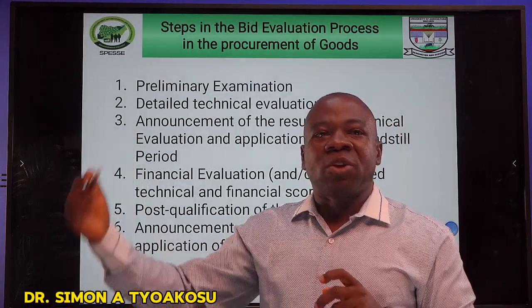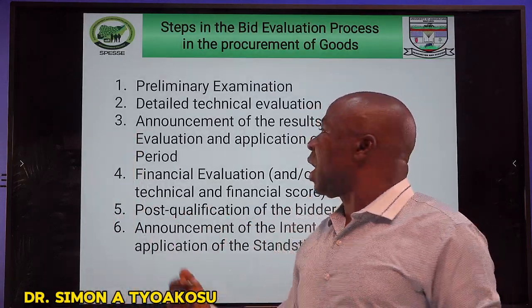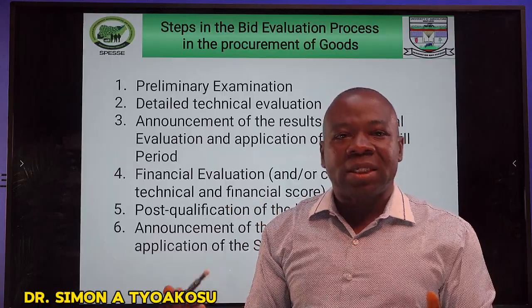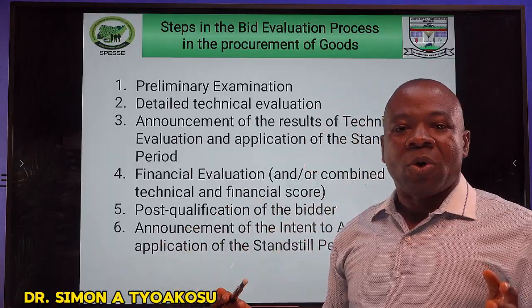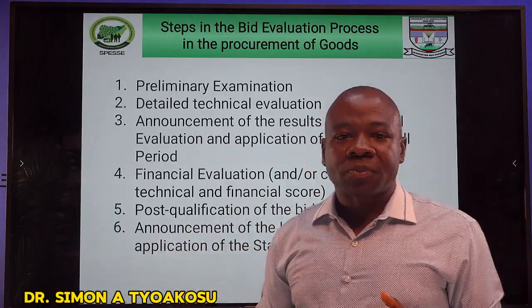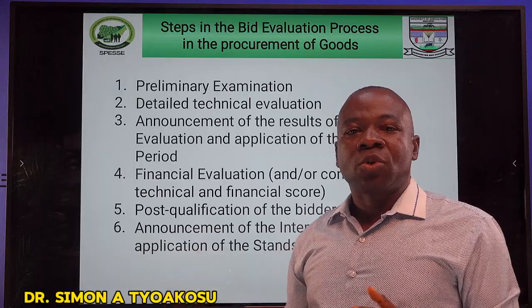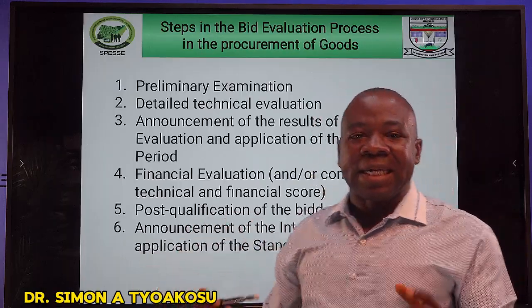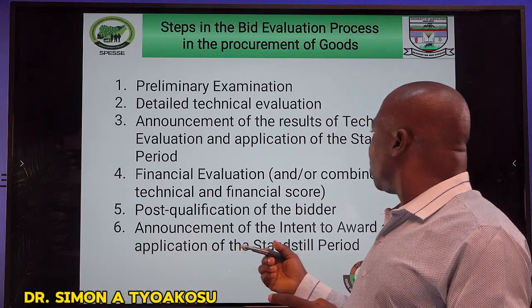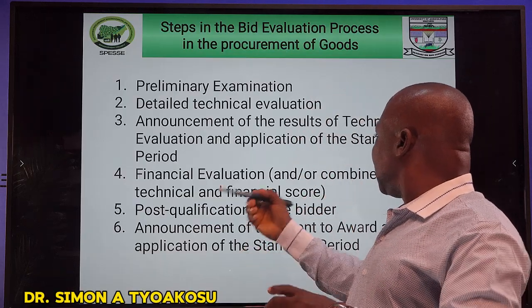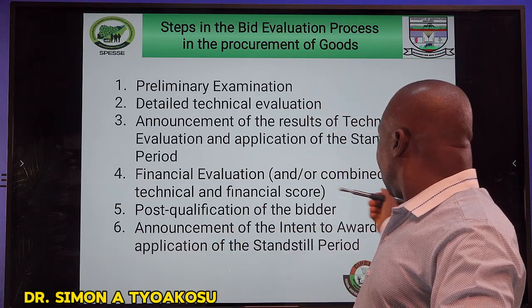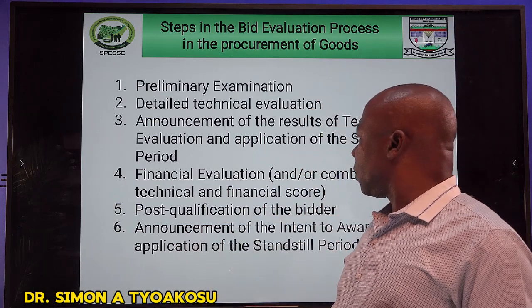If so, after getting the technical evaluation result, you publish it and give a time frame for the would-be contractors to raise their complaints, which we call the standstill period. But if you are combining both technical and financial scores, you only have one standstill period.